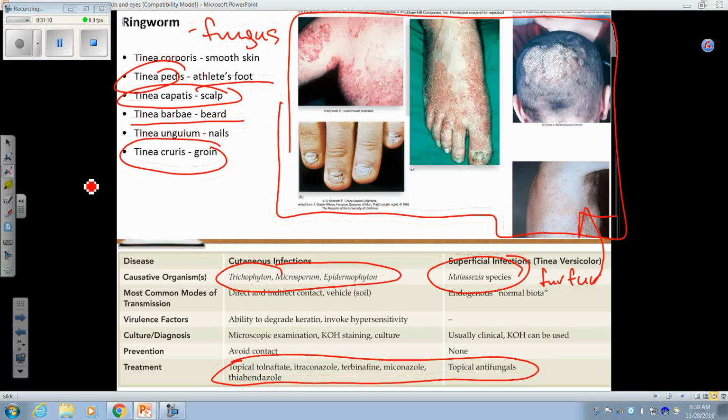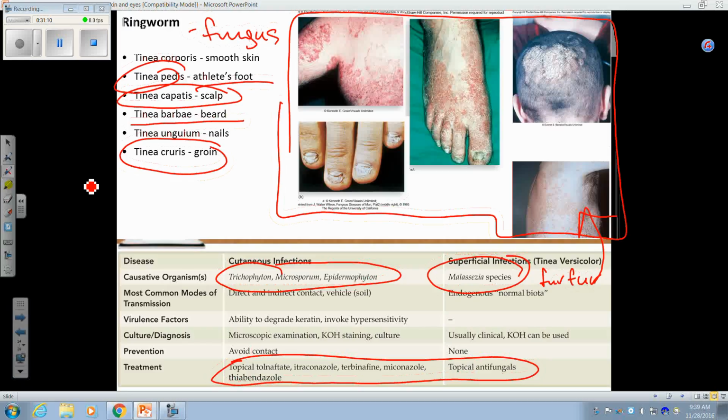And nevertheless, I acquired one, and it took me 2 years to get rid of it. So it's really a long process because we did only topical treatment, and it's on and off, especially if you go to the same locker room. Okay, so it actually acquires.